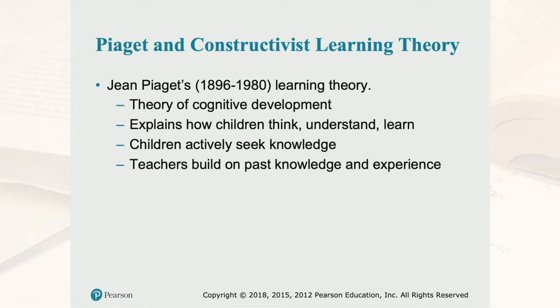Piaget developed a cognitive learning theory. And when I say cognitive, I mean brain and thinking. That is how we learn. We process things through our brain, and within that, we seek knowledge and we learn.